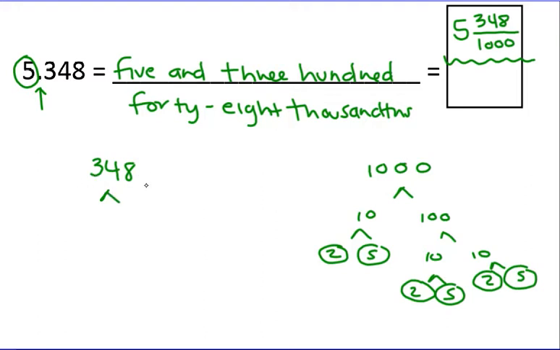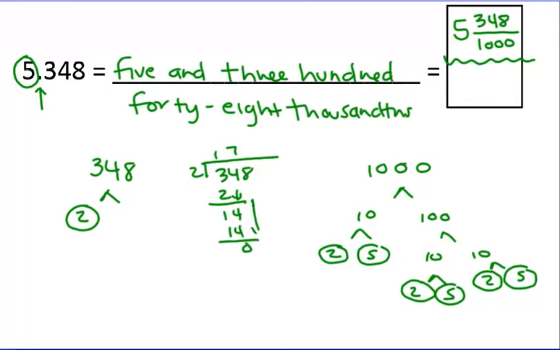So it looks like I can split this up into 2. So 348 divided by 2 is 174.